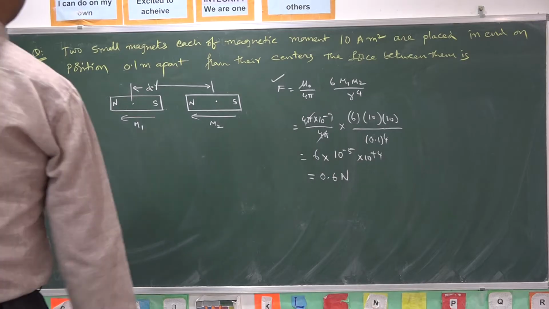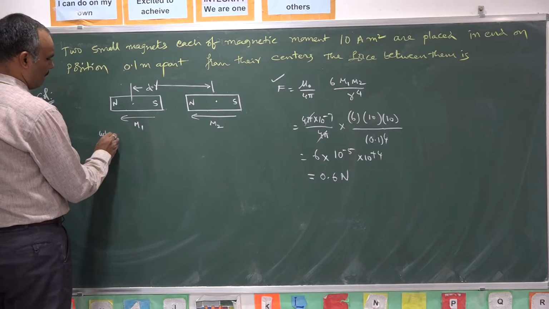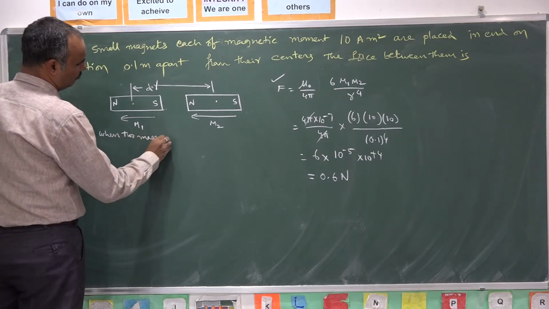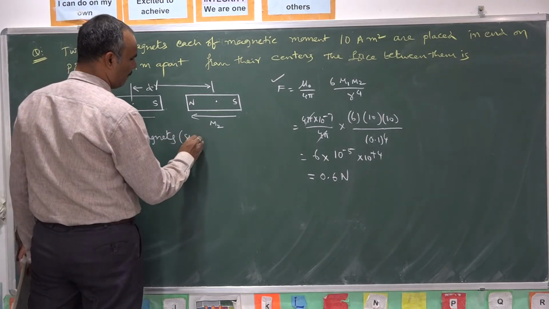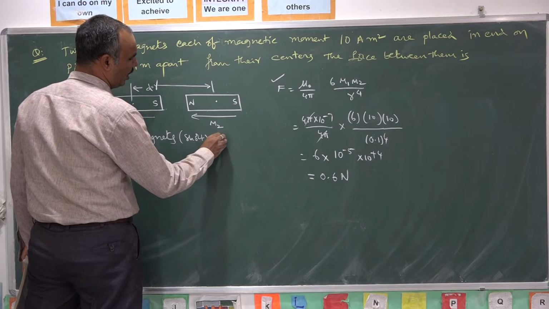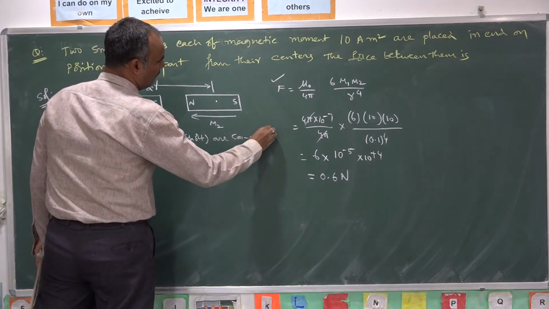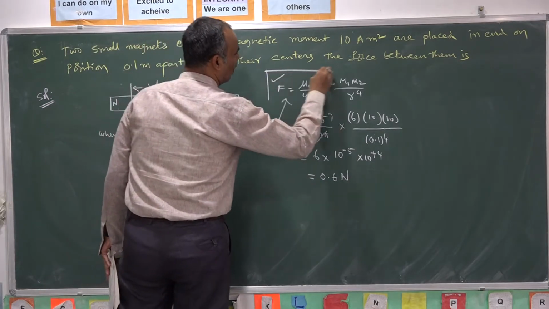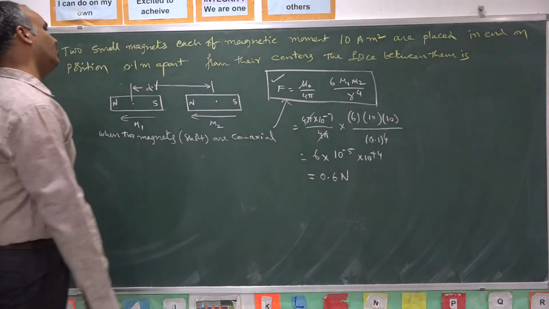In this problem, when two magnets are coaxial, then this is the formula. When two magnets are coaxial, the force between them is given by this formula.